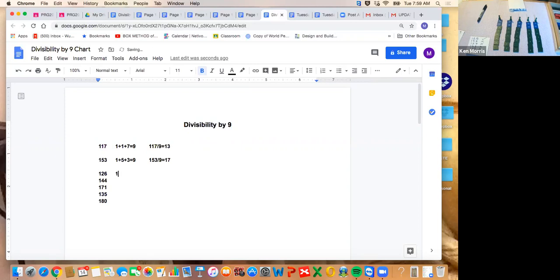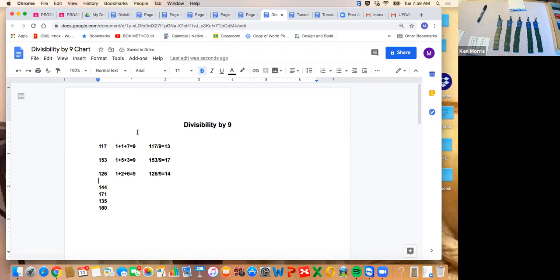Okay, let me add these digits up. 1 plus 2 plus 6, again, is equal to 9. And let me again check. 126 divided by 9 is 14. All right, you get the idea.